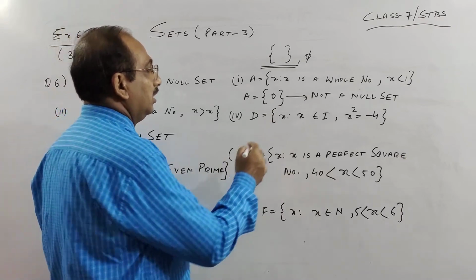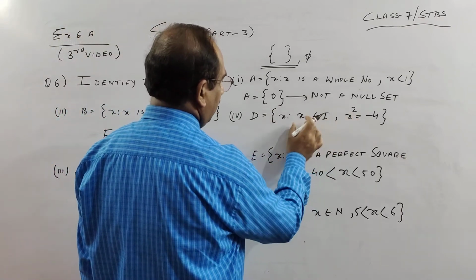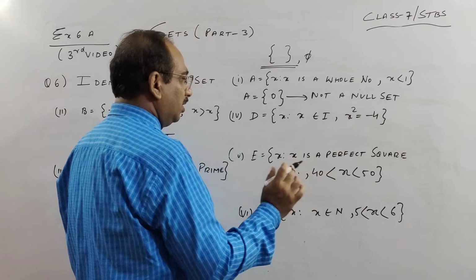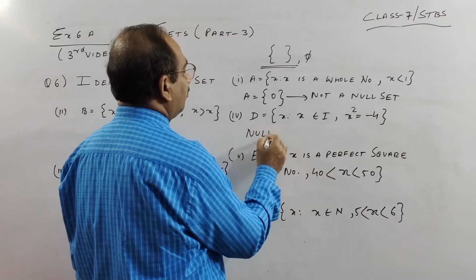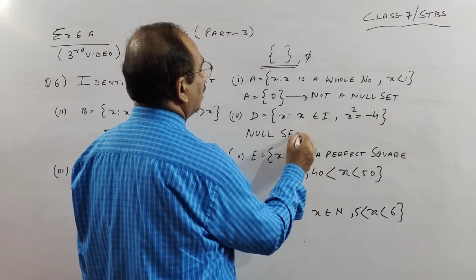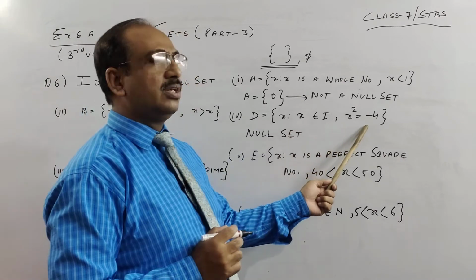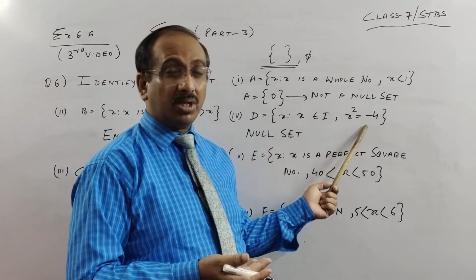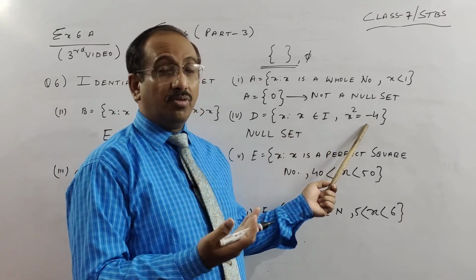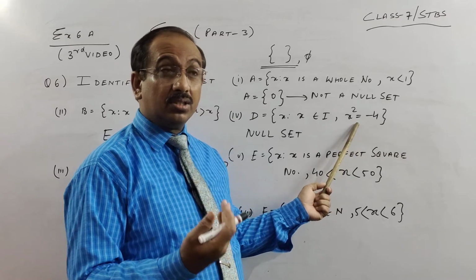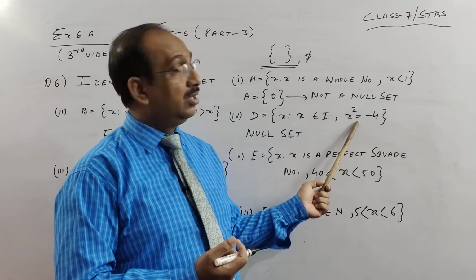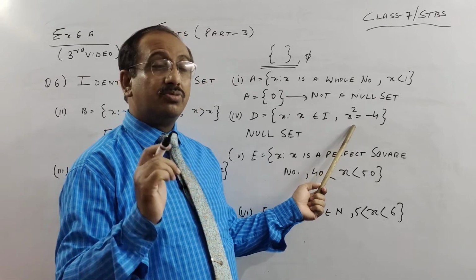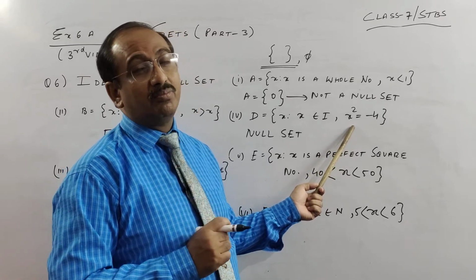Next is this: x squared. X is an integer, x squared is minus 4. Children, we don't have any integer whose square will give you minus 4. Minus 2 squared is plus 4. 2 squared is 4. For minus 2 squared, you can think minus 2 into minus 2 is plus 4. So actually the answer to this will be found in a chapter called complex numbers in class 11.